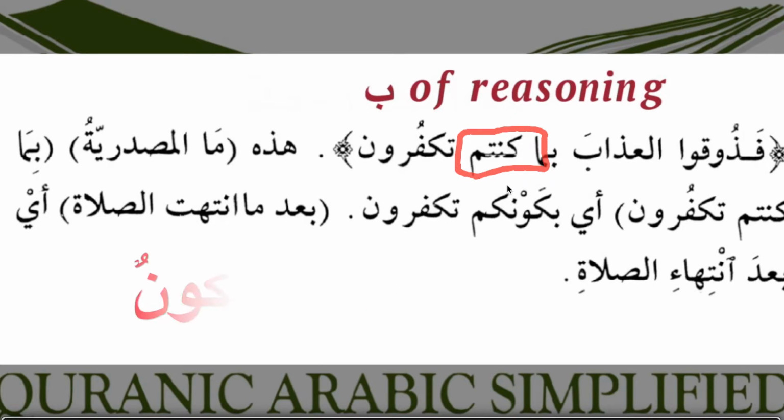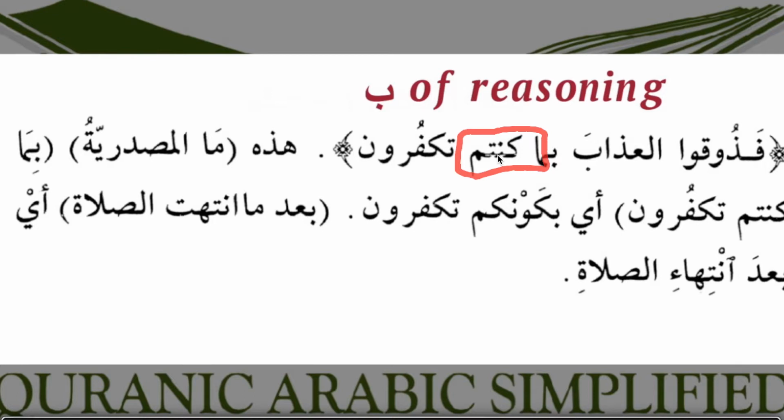It is kaunun, that is the masdar. So if you want to make it into the original masdar, it will be kaunikum, because you were being. And instead of using kaunikum, what you use is ma kuntum. This gives the meaning of your masdar, which is ma followed by fi'l madi.